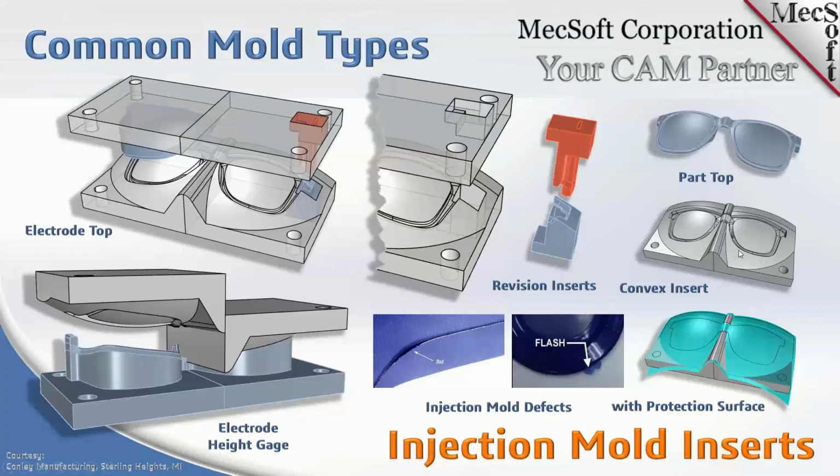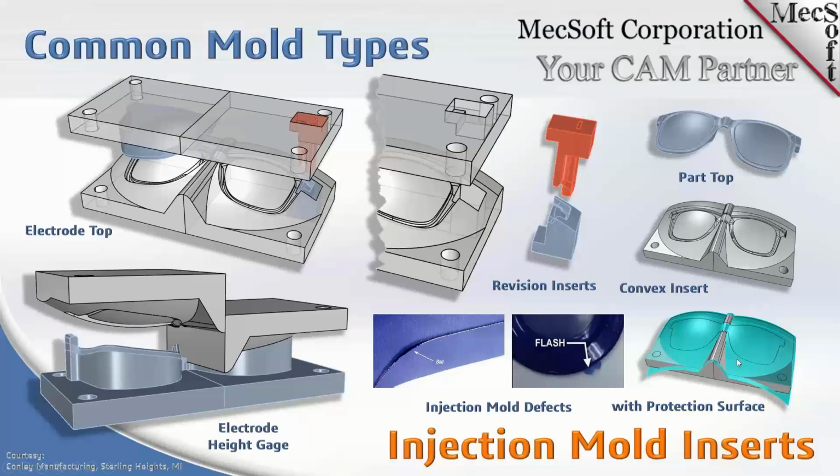Below that, you see one half of the cavity insert, okay? And then below that, you see the same insert with a protection surface draped over it. We're going to talk in detail about these protection surfaces and how they're used to machine the inserts, but primarily they're used to protect the parting line.